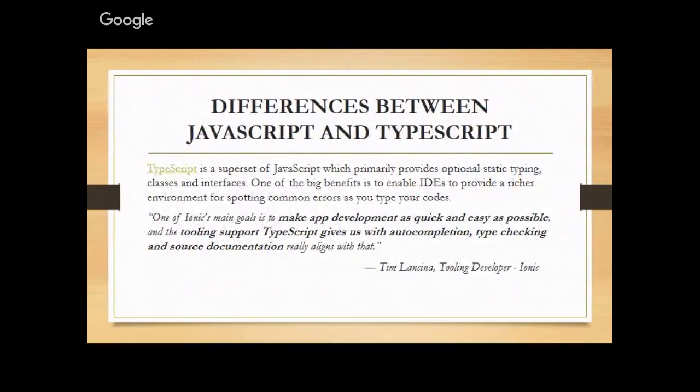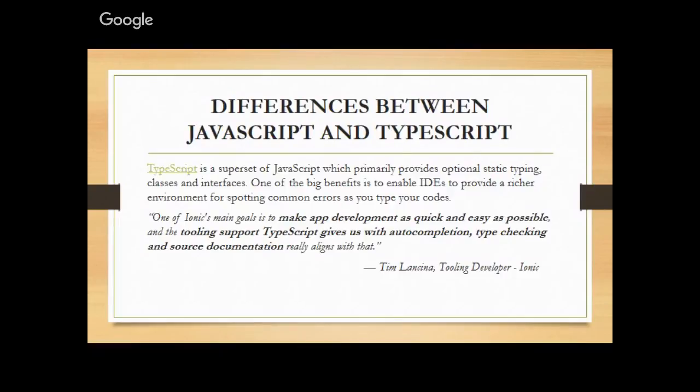Differences between JavaScript and TypeScript: I think I've talked about this already. JavaScript is a subset of TypeScript. Most JavaScript rules are in TypeScript, but TypeScript takes it a step further. Like I said, it's much stricter with your code than JavaScript is, which helps you catch errors that would not be caught if you were using JavaScript.